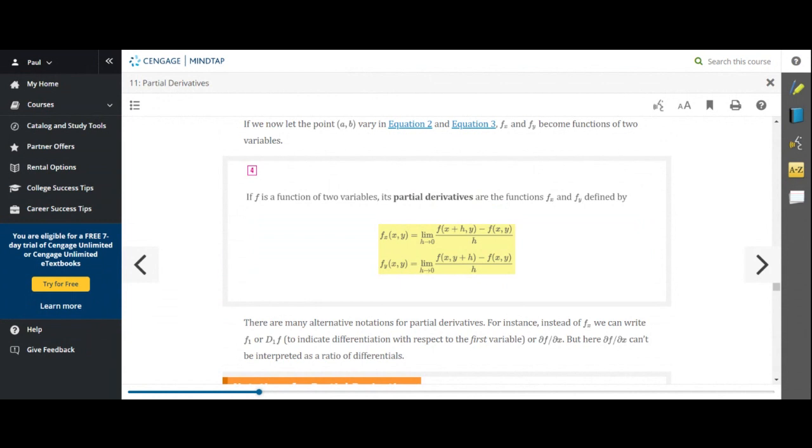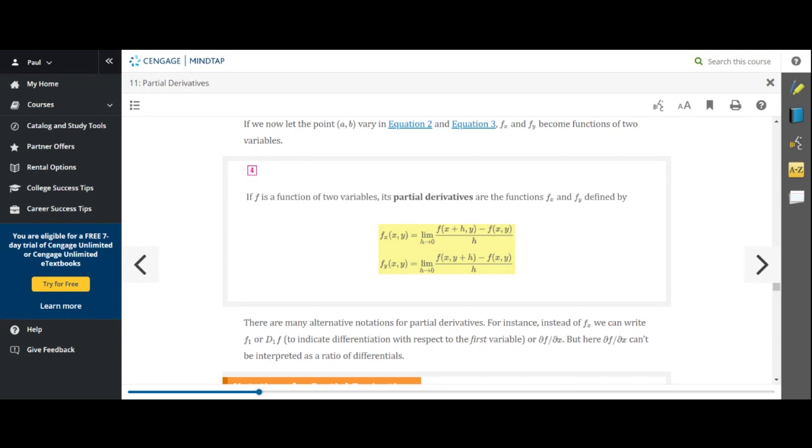If you're looking for a rate of change, how does the function change with respect to a variable? You have to pick one variable. So you can study how your function f of x, y, how your surface changes as you let x vary, or how it changes as you let y vary. Those are partial derivatives. The partial derivative of f with respect to x is the top limit.